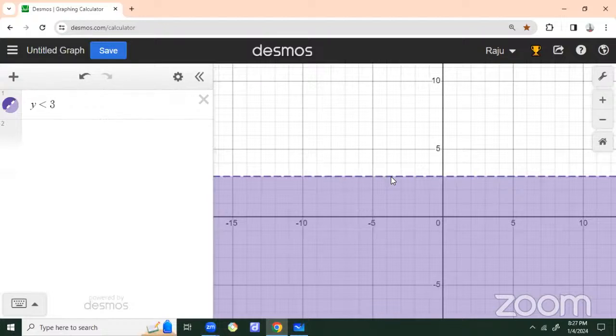So the application also shows that the solution region for y less than 3 will not contain the points of the line y equals to 3. It will contain the points below the line y equals to 3. That's why the line is not straight over here, it is a dotted line.